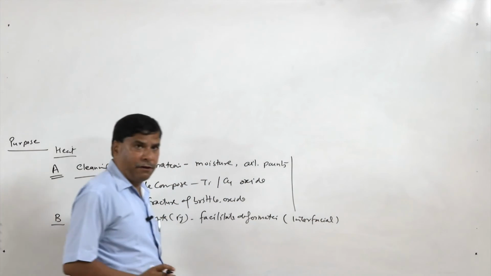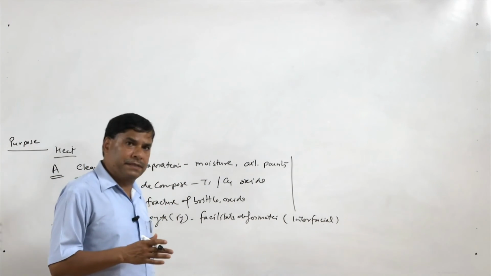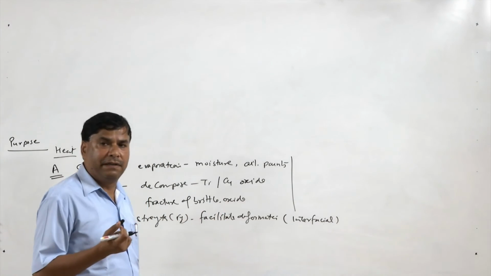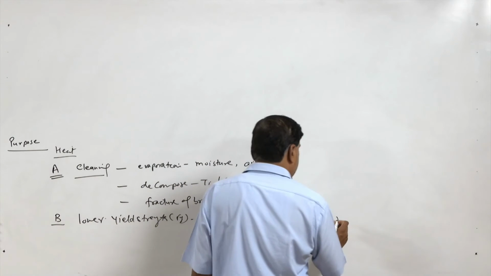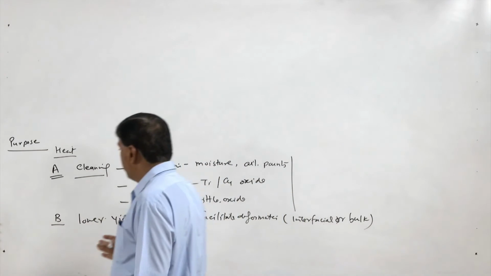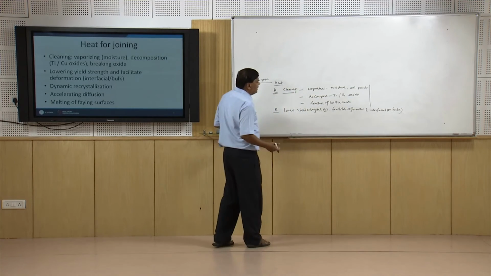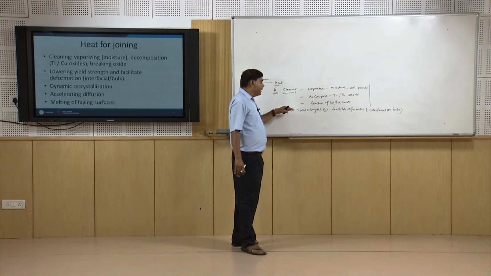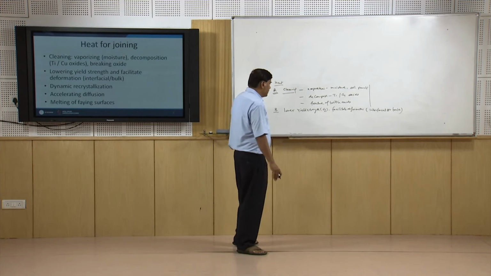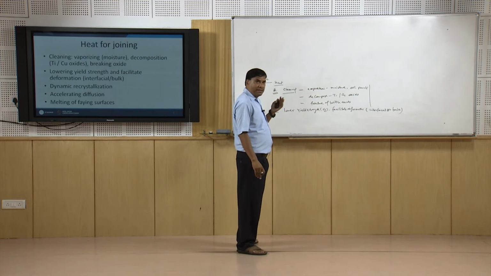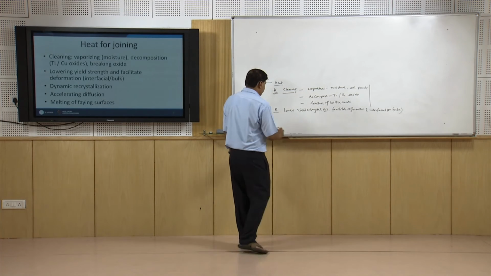Interfacial deformation is like the ultrasonic welding process, and bulk deformation is like friction welding and friction stir welding. Sometimes heat is intentionally generated and applied so that the yield strength of the metal is reduced to facilitate the deformation, so that metallic continuity is achieved.